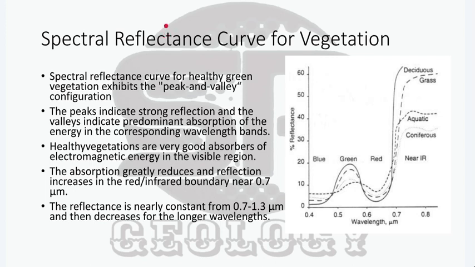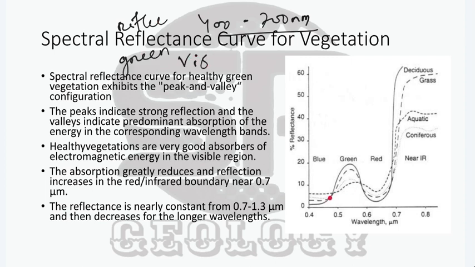So the reflectance should be high in green in the visible region. Now we are considering the whole electromagnetic spectrum, so in the visible region, that is 400 to 700 nanometer, the reflectance should be high in green color.